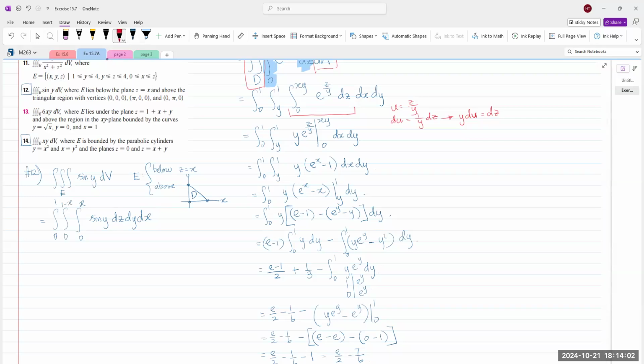Think of it this way: below z equals x means it is above the triangular region, you see that z equals 0, up to z equals x. So this z here goes from z equals 0 to z equals x.